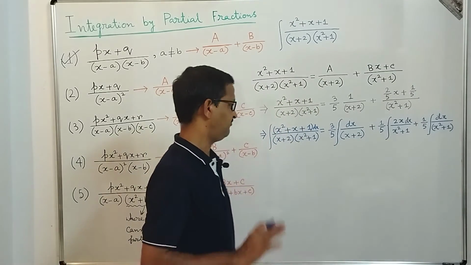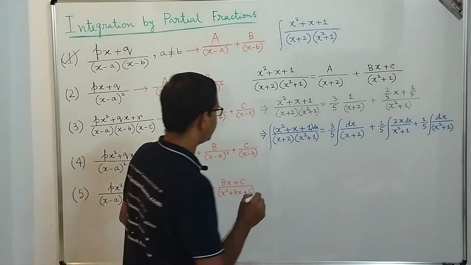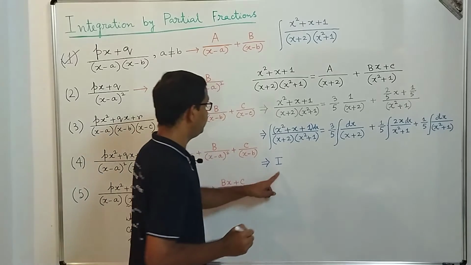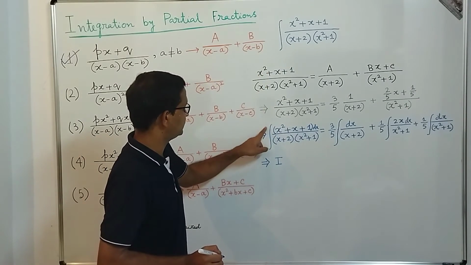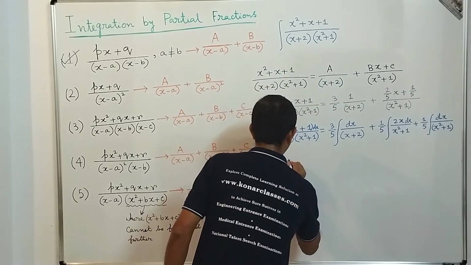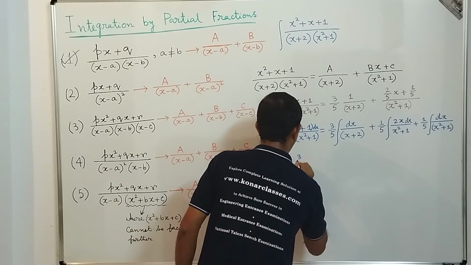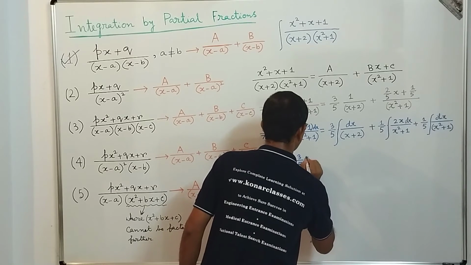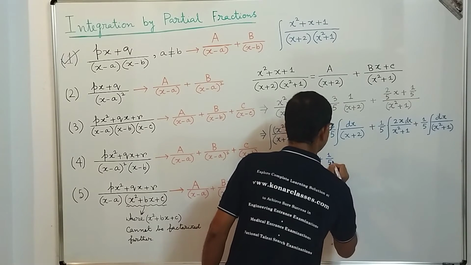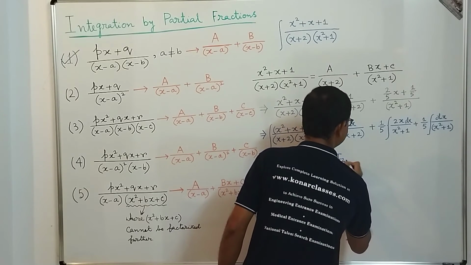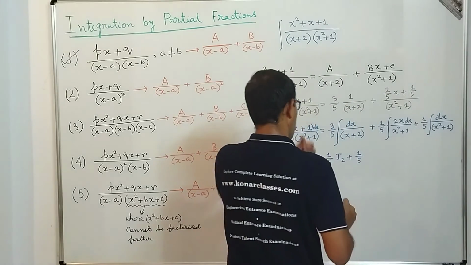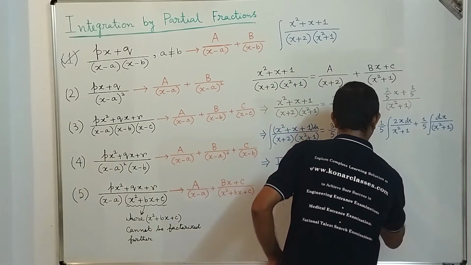It is quite simple, very easy. If we assume the given integration, x square plus x plus 1 dx by x plus 2 into x square plus 1, as I, then I is equal to 3 by 5 into I1 plus 1 by 5 into I2 plus 1 by 5 into I3.